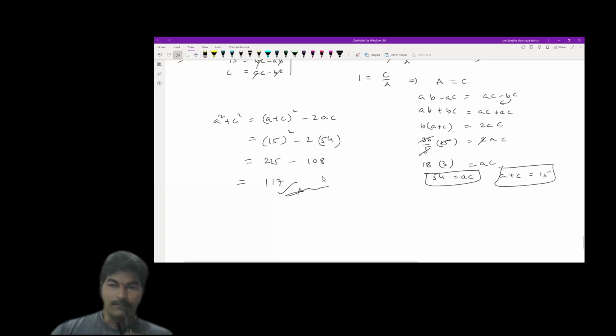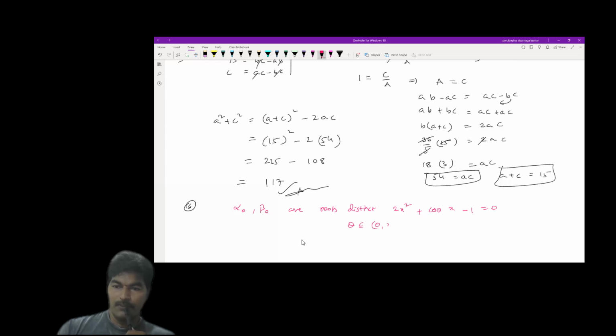And the last problem, you can try this. Let alpha and beta be the distinct roots of the quadratic equation 2x square plus cos theta into x minus 1 equal to 0, and theta belongs to the open interval 0 comma 2 pi.